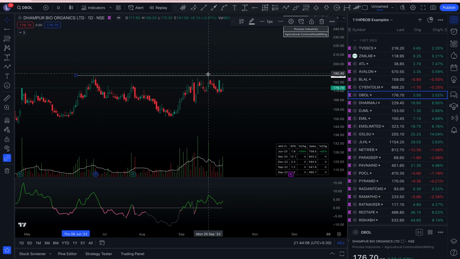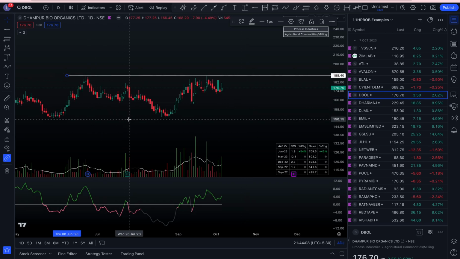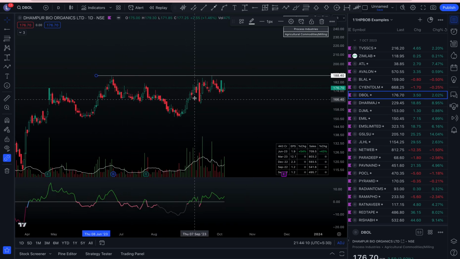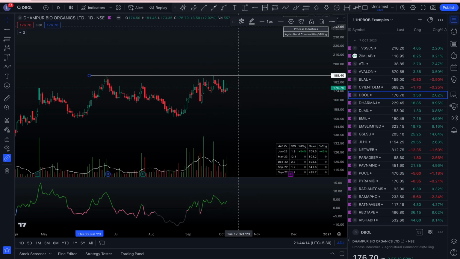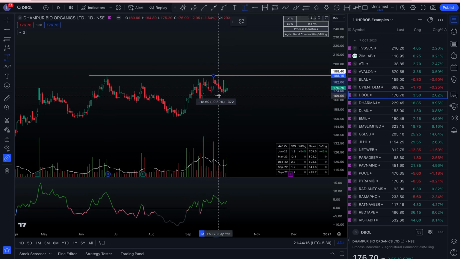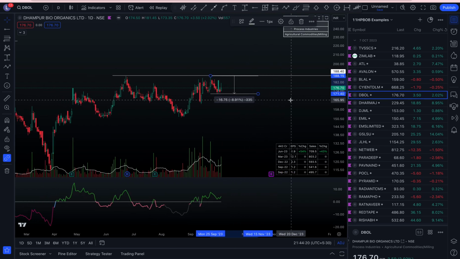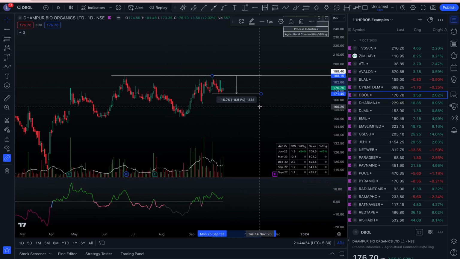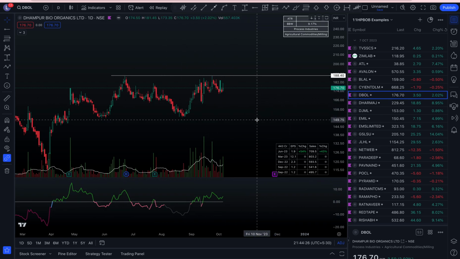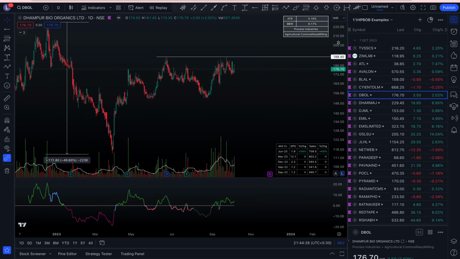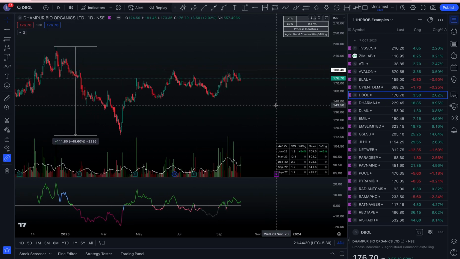So this is a clean pivot. Here itself you have one contraction. This is the second contraction possibly, and right now we are having the third contraction in this space, which is below 10%. Now anything which undergoes a contraction below 10% has relative strength showing up. That has to be in your watch list, and if you are someone who trades IPOs, this should go in your watch list, right?